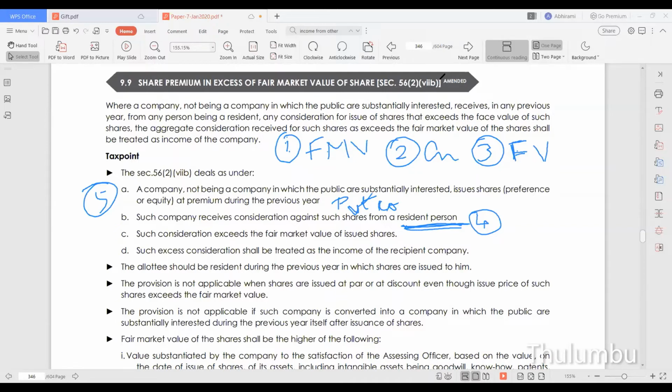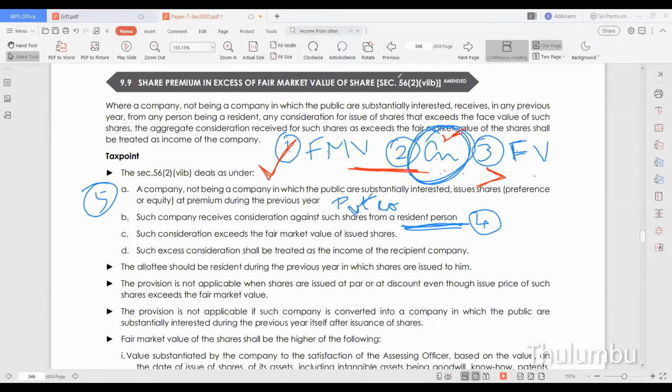So இதுல என்னன்னா, if the consideration amount is greater than face value, அதே மாதிரி if the consideration value is greater than fair market value, then the difference between these two is taxable as income from other sources.